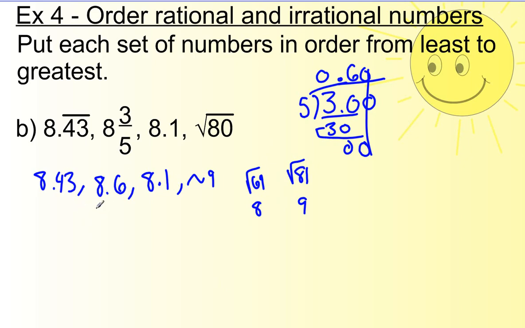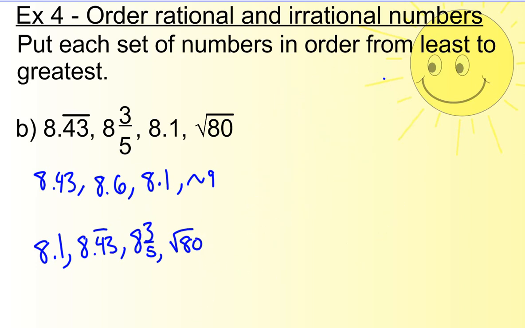So now we're going to put them in order from least to greatest. 8.1 is the smallest, followed by 8.43 repeated, and then the 8 3/5. And then the square root of 80, because it's almost 9, that is the largest.